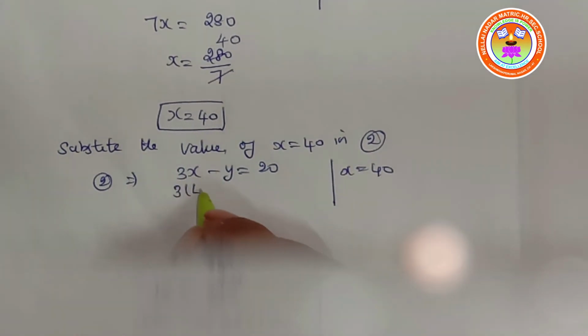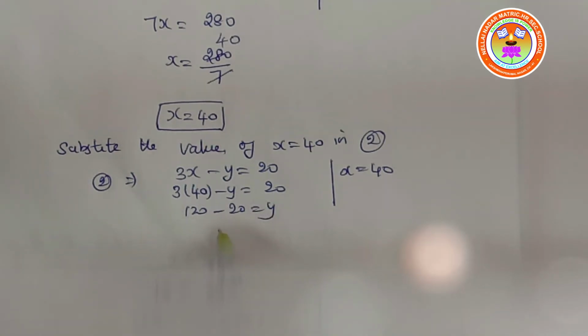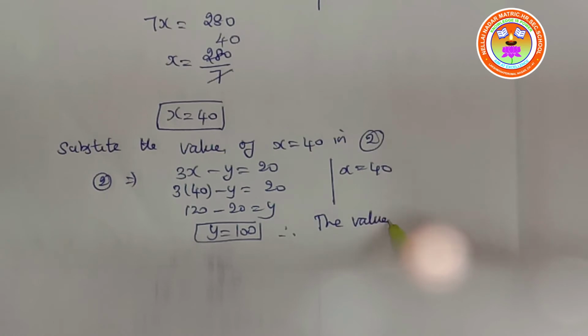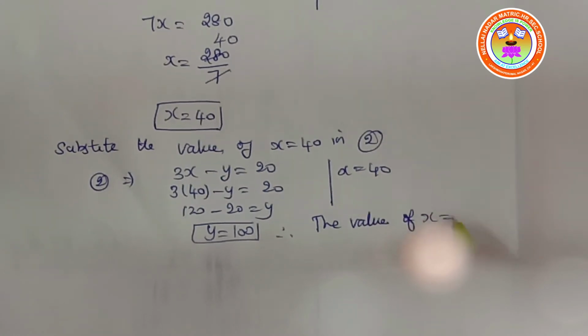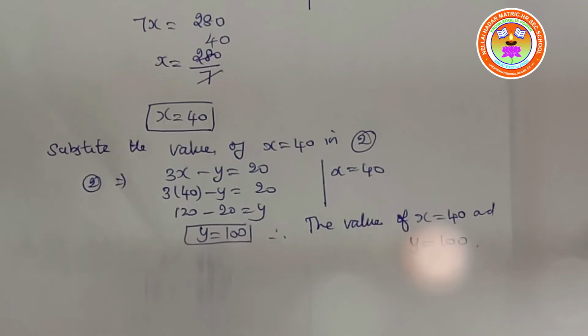So 3 into 40 minus y equal to 20. 120, transfer this side, minus 20 equal to y. 120 minus 20 is, that is y equal to 100. Therefore, the value of x is equal to 40 and y is equal to 100. It's clear, children?